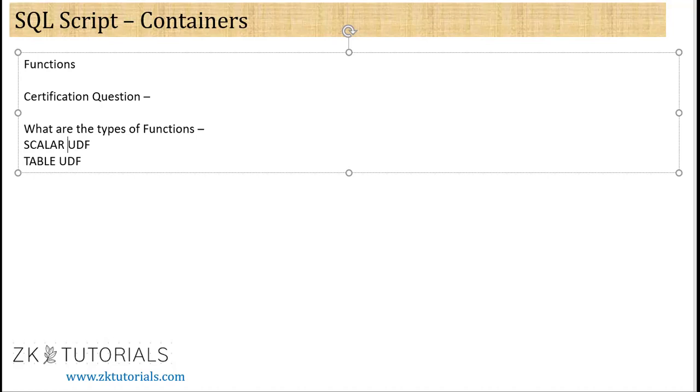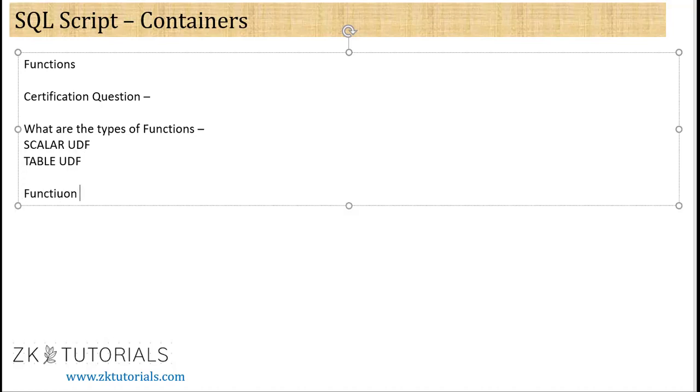A function can have multiple input parameters, but very important, guys: no output parameters and no input-output bidirectional parameters.